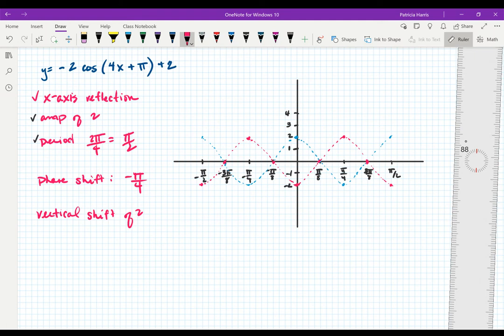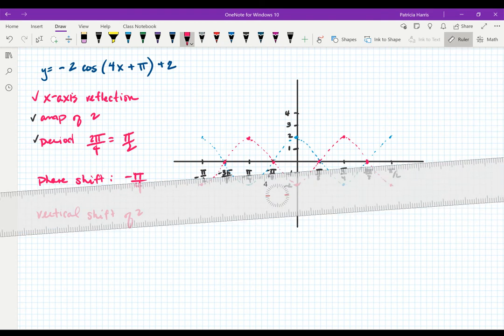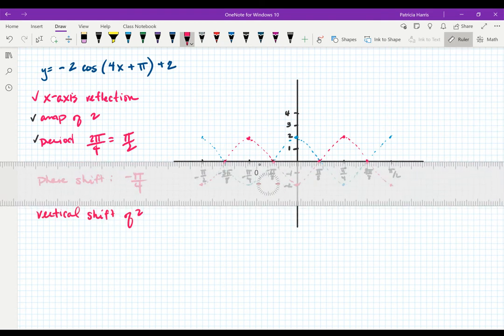Okay, so now, it's looking very pretty, I get to take care of my phase shift of left pi over 4. Okay, so I'm going to need to make my graph a bit bigger. So let's see if I can extend it a bit.